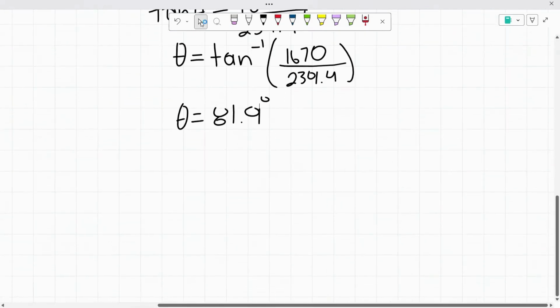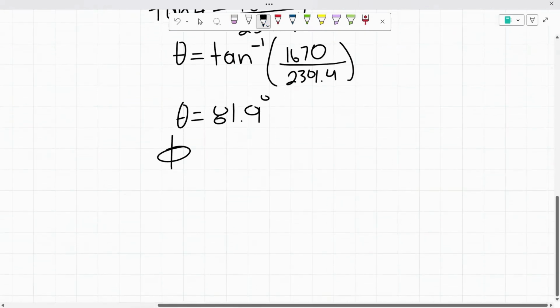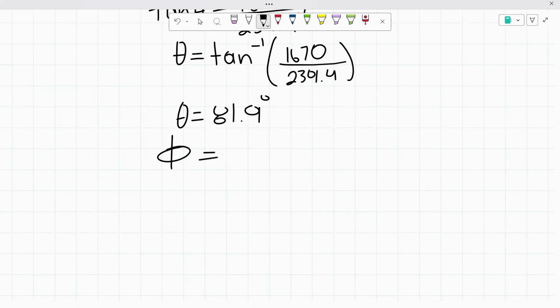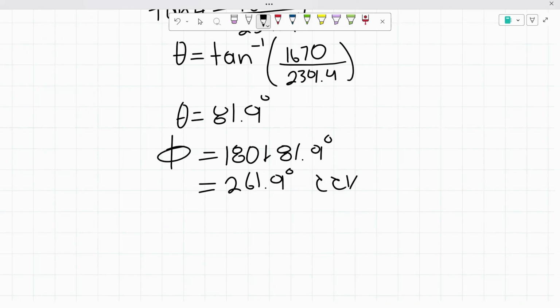Phi, which is the overall angle that we're trying to find, is equal to 180 plus the 81.9 that we found earlier, giving us 261.9 degrees, going counterclockwise from the positive x-axis. And just like that, we found the second part to our answer.